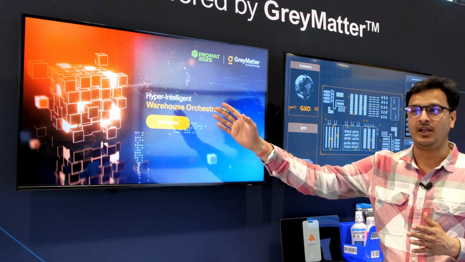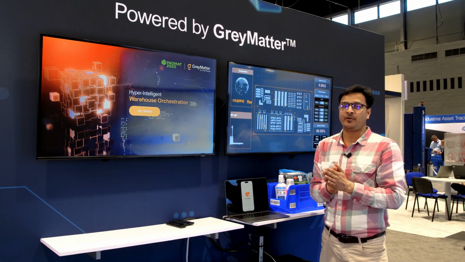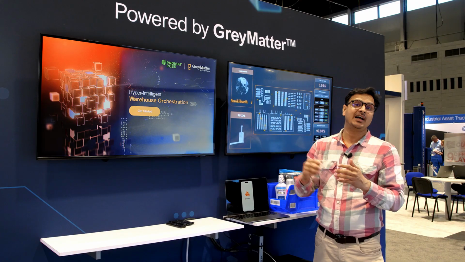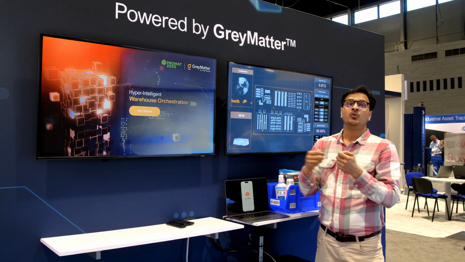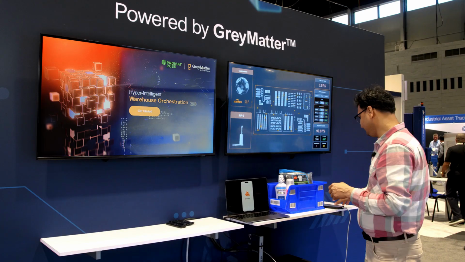On this side of the screen, you'll see the actual real footage of the operation happening in the warehouse, as well as the interfaces with which the operator can interact. I'll get started.